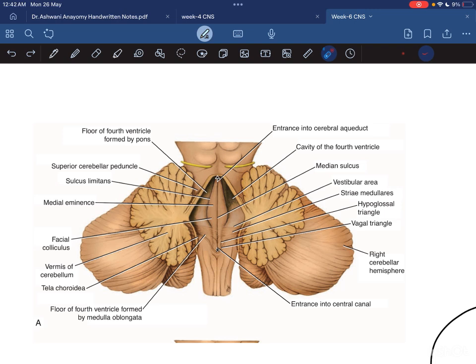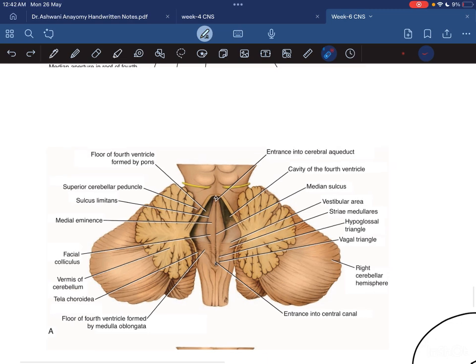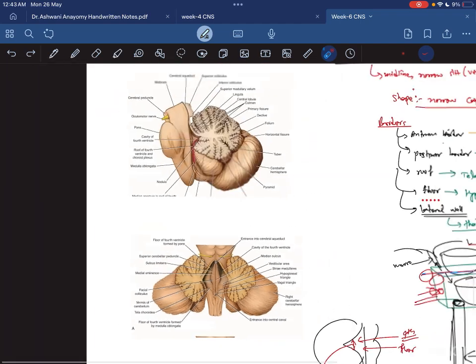The fourth ventricle is formed here, with the lower and upper parts. In this region there is the superior cerebellar peduncle and the inferior cerebellar peduncle, and these are forming the lateral wall.